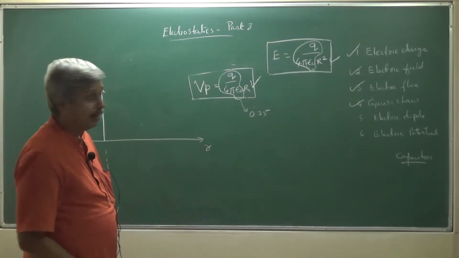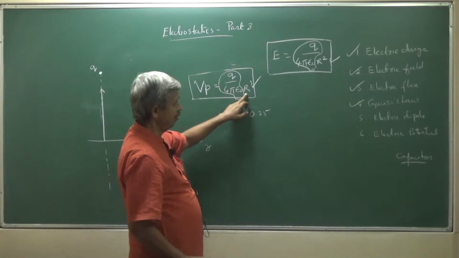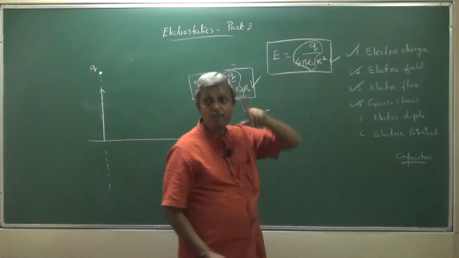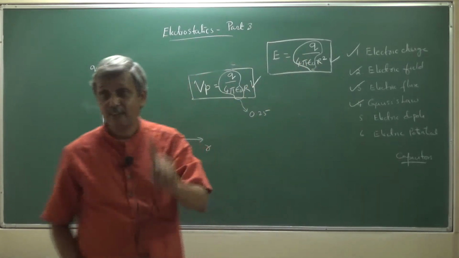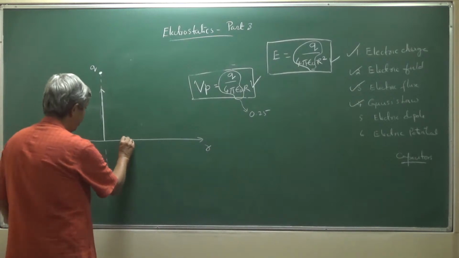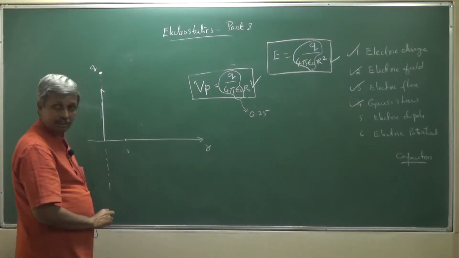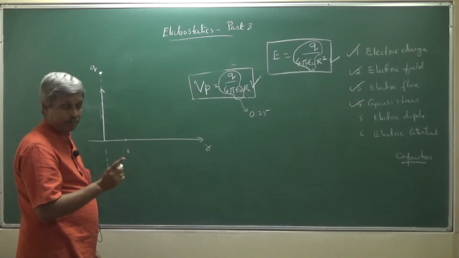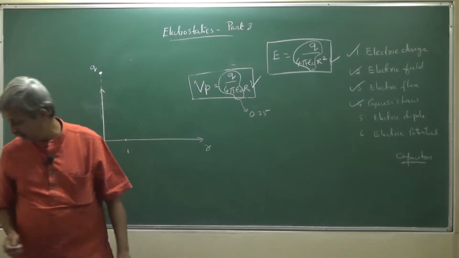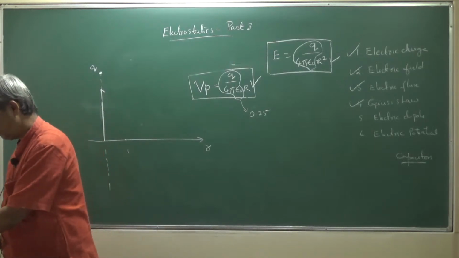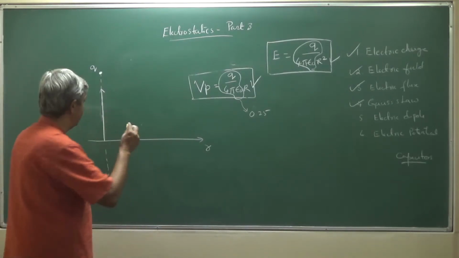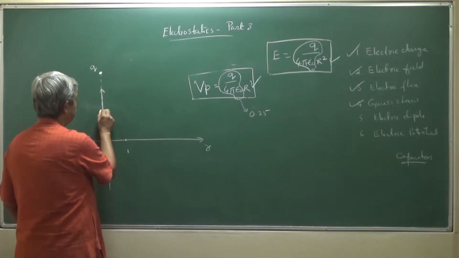Carefully see, this is nothing but 1 by 1. This is also nothing but 1 by 1 square, both are 1, at a distance of 1 meter. Both E and V. So I'll plot E using one color and V using another color. Let's assume that this is 1.